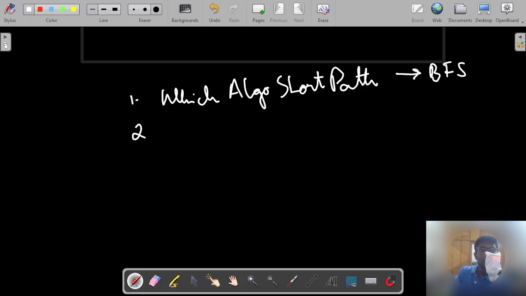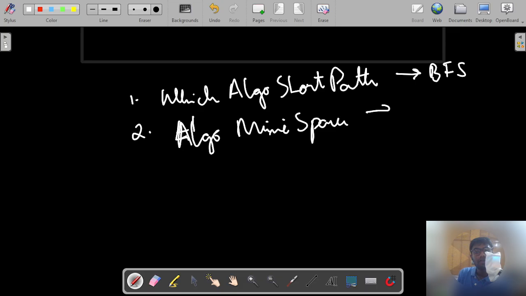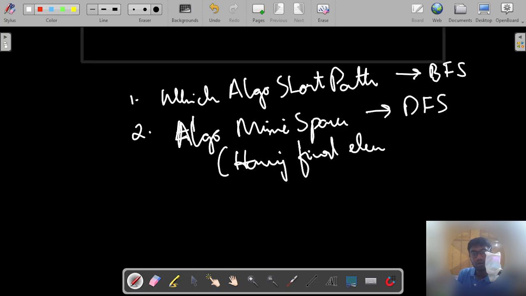Let's say if we are looking for an algorithm which uses minimum space, then DFS is better, or having to find the end of the graph, right?